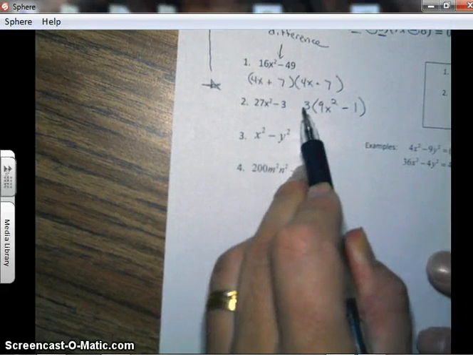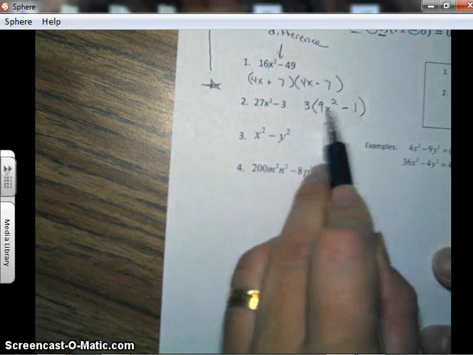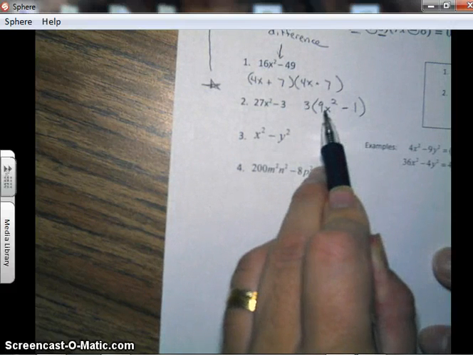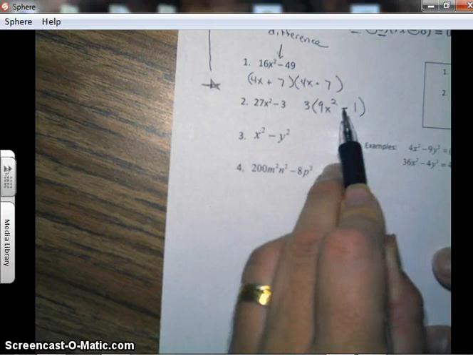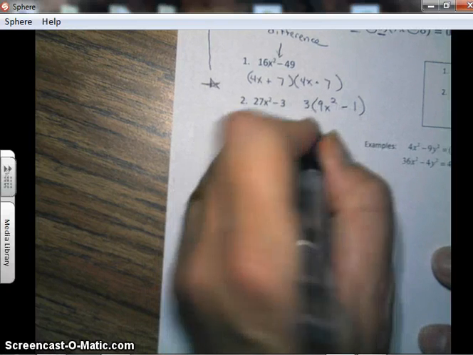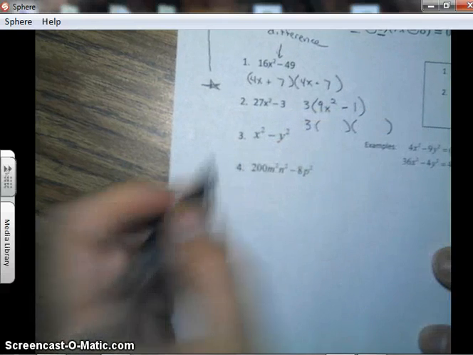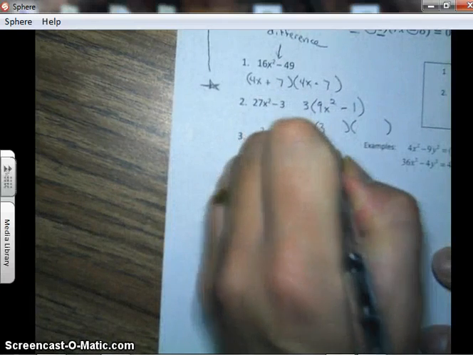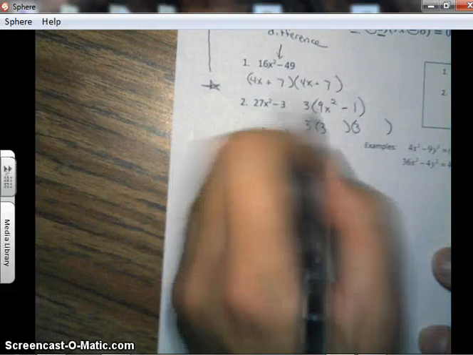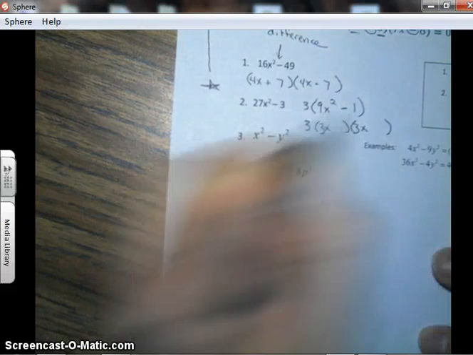So I had to factor out a 3. Okay. Now you need to look at this and say, can I factor this any further? Well, we have a difference, and these are both perfect squares. So the answer is yes. So 9 breaks down to 3 and 3. X squared, x and x.